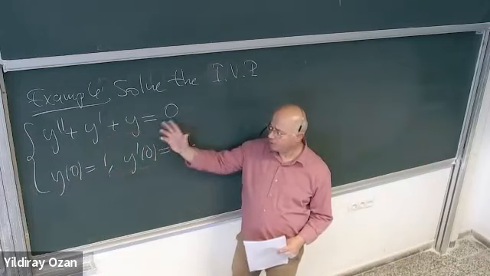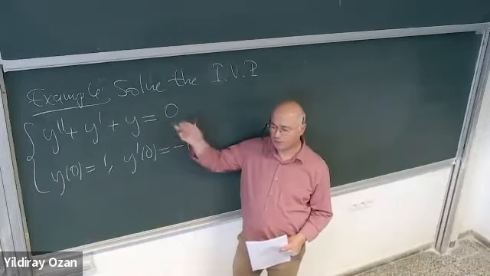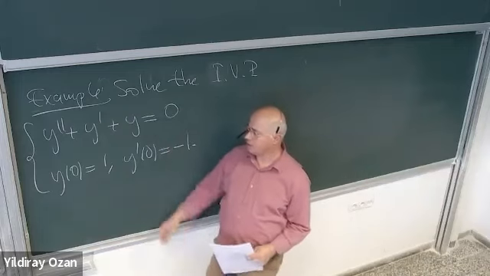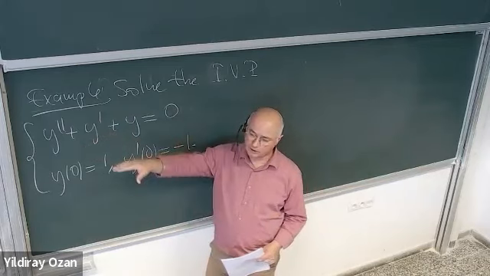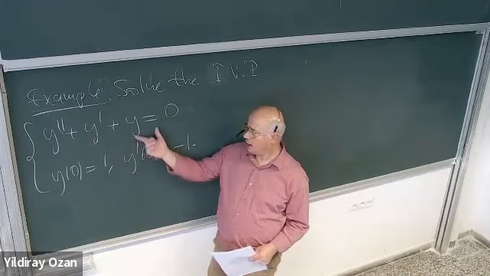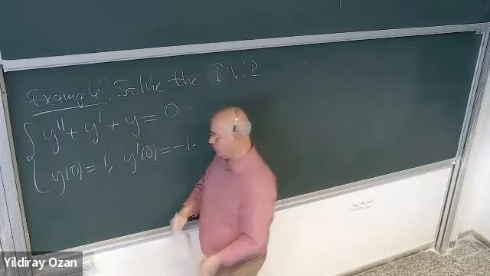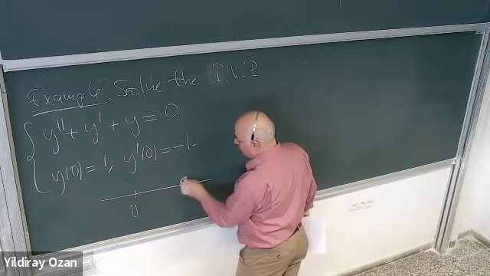You may think of this equation as the equation of a physical problem. For example, let's say I have an object moving on a one-dimensional axis, and y is the position of the object.